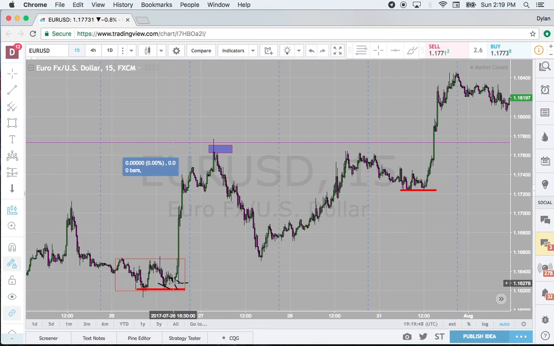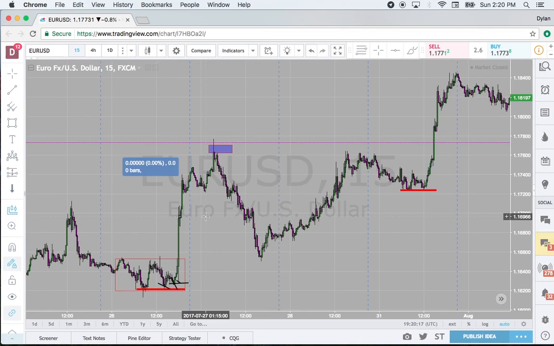Now remember guys, stop loss is a tool. I have a lot of people saying they don't want their stop loss hit and whatnot. We use stop loss as a tool with M and W formations. So stop loss is a tool that is super beneficial to us.